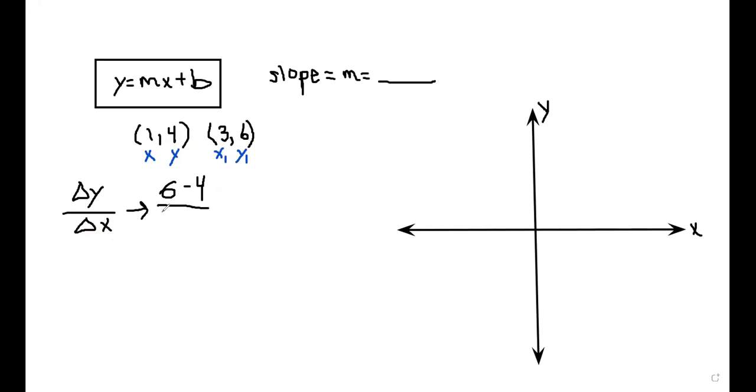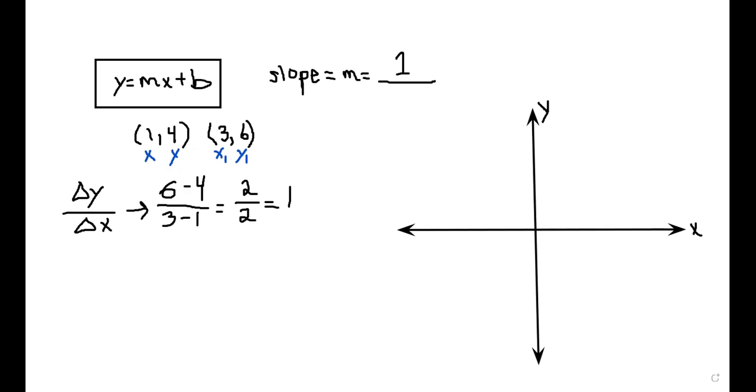So this will be 3 minus 1, since x1 is 3 and regular x is 1. Okay, so good. I avoided some negative numbers, which is nice. So, of course, 6 minus 4 is 2, and 3 minus 1 is 2. And what's 2 over 2? Well, that's 1. So our slope works out to be 1.